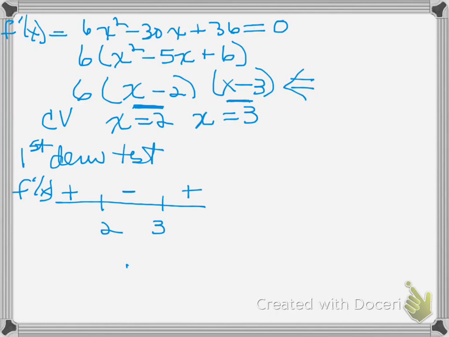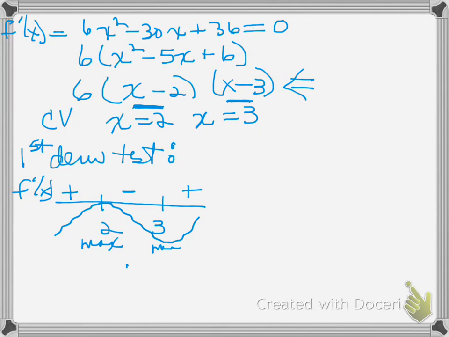So this is the shape I'm seeing. The slope is positive here, 0 here, negative here, and then back to positive. So it appears that we will have a max at the critical value of 2 and a min at the critical value of 3. I'm going to have to write about that because no sign chart is complete without a statement.